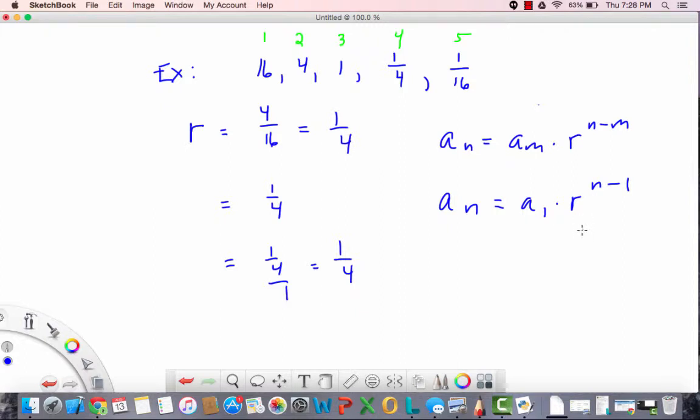It's a valid formula because all we're doing is replacing m with 1. This is a valid formula, and it works, but it can be limiting because it's usually only useful if you know a sub 1 or are trying to find a sub 1.